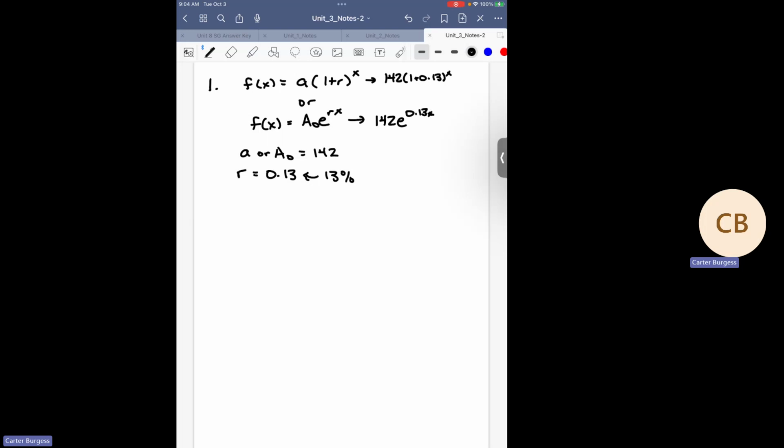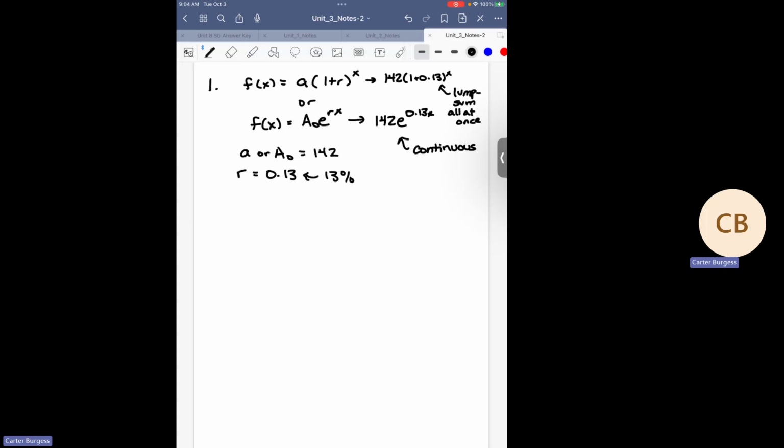Either way here is totally fine. Noting that this one would be if our growth was continuous, and this one if we have just some lump sum increase all at once. Reality is probably somewhere in between the 2.